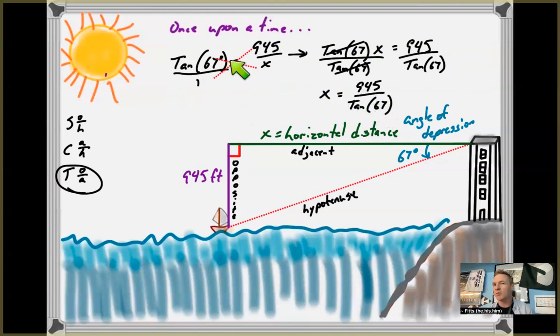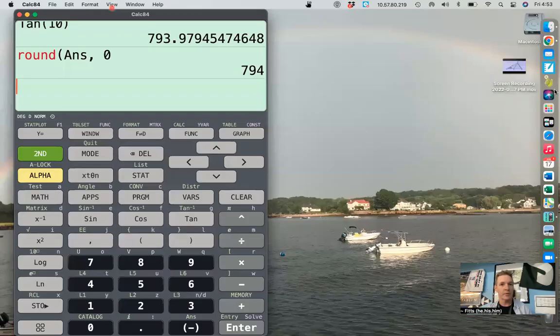So one little shortcut to remember is if the variable is down here in the denominator, you end up dividing by the trig function. If the variable is up here in the numerator, you would actually multiply by the trig function. So that's a little kind of shortcut. Anyway, let's go ahead and plug that into our graphing calculator and see what we get. So 945, let's go ahead and use that fraction again.